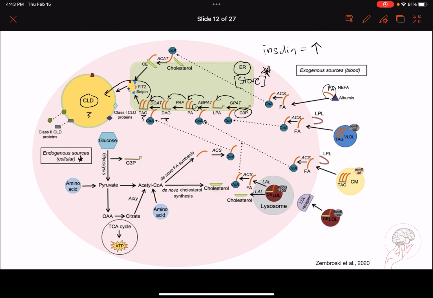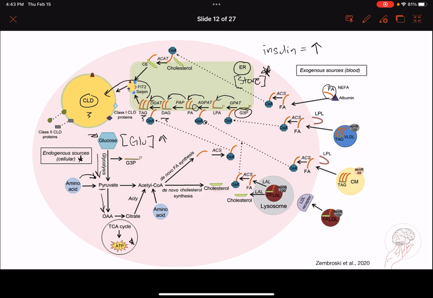If we have a high concentration of glucose, that means we're preferentially going to use glucose. So it's going to go through glycolysis, and then it'll become pyruvate. We can also get pyruvate from amino acids. This is kind of a hint to the next lecture. That pyruvate can go through the TCA cycle and become energy.